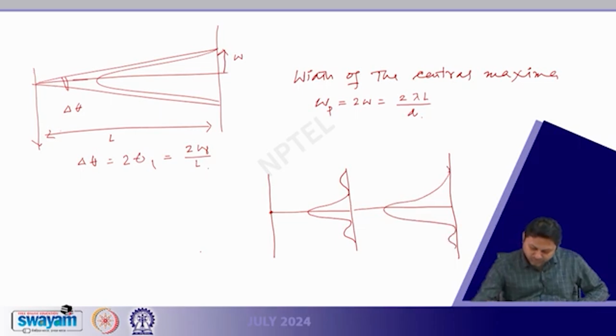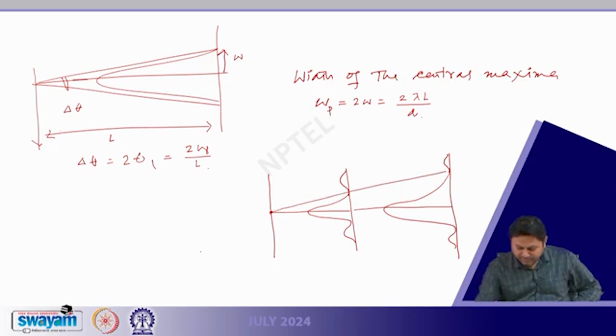So, the width of the central maxima is going to increase with distance.